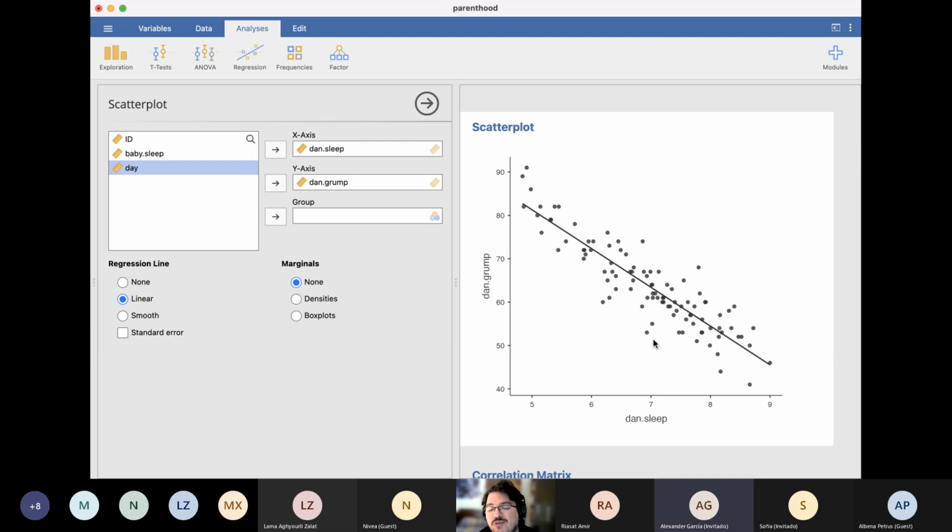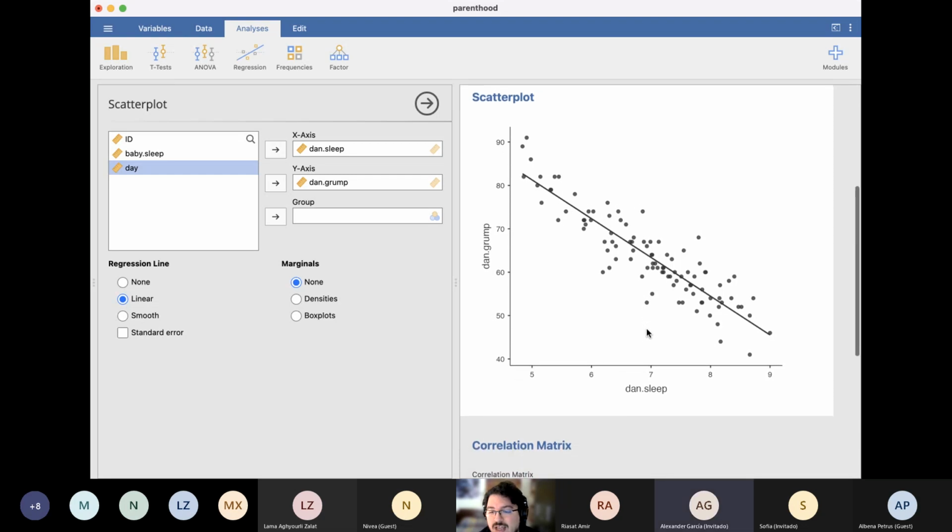It could be true in many ways that when people sleep more, they are less grumpy. But it just so happened to be linear, right? But it could have any shape. So now you draw the plot and you decide that the relationship is linear, because that's the interpretation, and then you do the table.